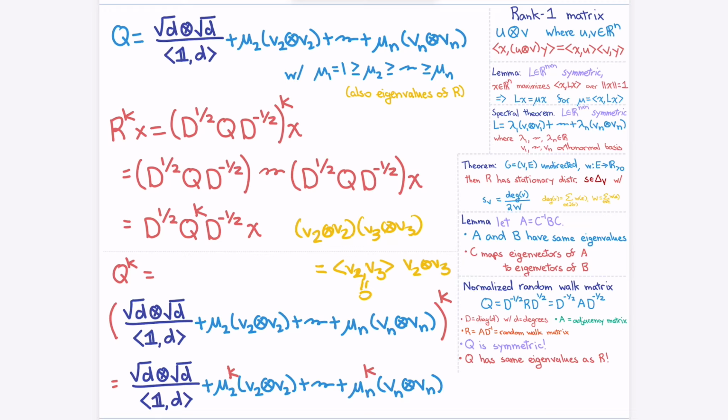There's a 1 here to the k, and this is really just another outer product of unit vectors. In our case, we can write it out more explicitly. It's very easy to understand powers of a diagonal matrix. That's really what's going on: up to some rotation, Q is a diagonal matrix, and it's very easy to understand how a diagonal matrix multiplies.